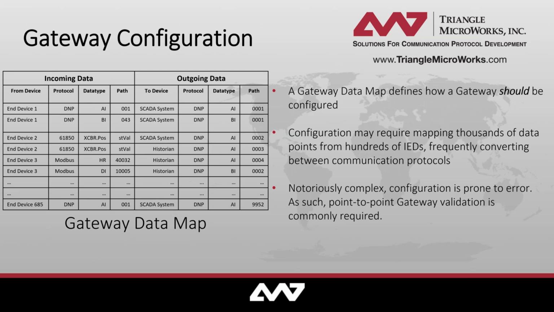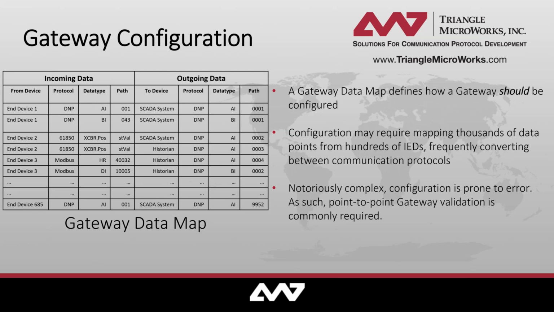This information is captured in a document, commonly referred to as a data map, and typically looks similar to the figure on the left. Commonly in a spreadsheet style format, gateway data maps specify a device name, protocol, and data address necessary for each incoming and outgoing data point connection. In some cases, scaling factors and other metadata may be present as well.